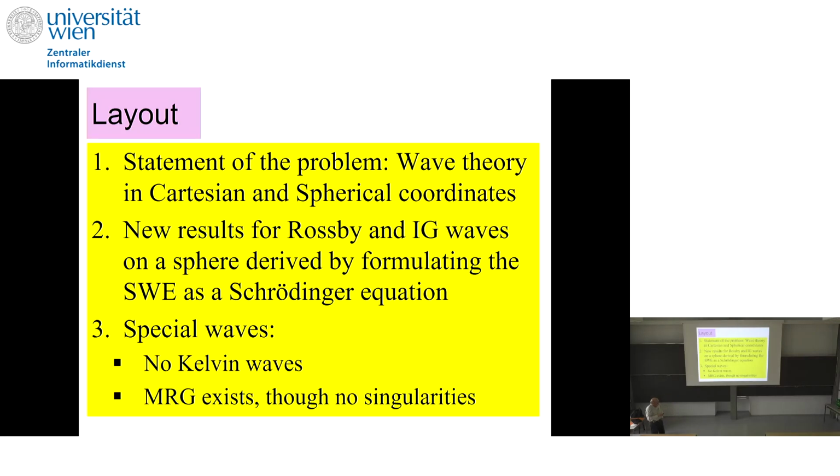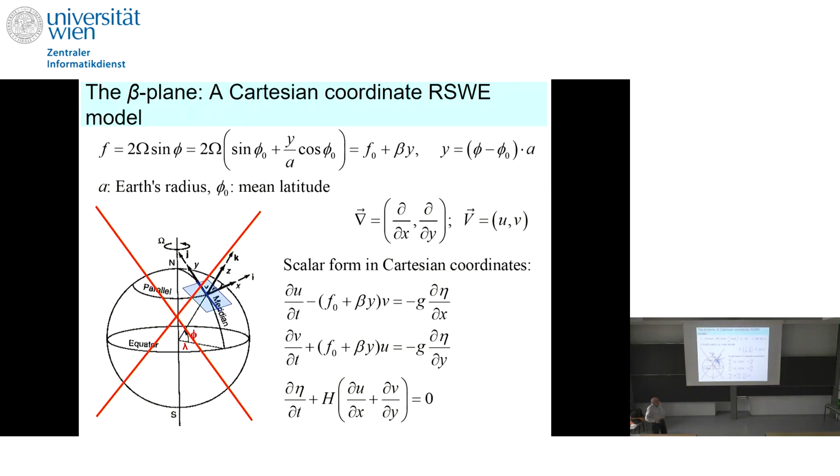Another type will be the MRG, the mixed Rossby gravity mode, which exists even on the equatorial beta plane. I might say something about it at the end of the talk, just mention it.